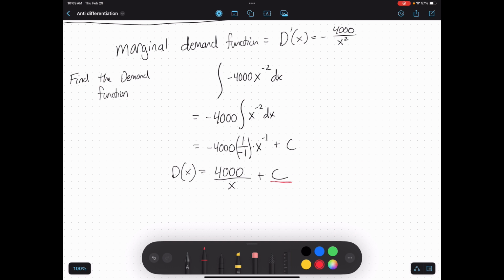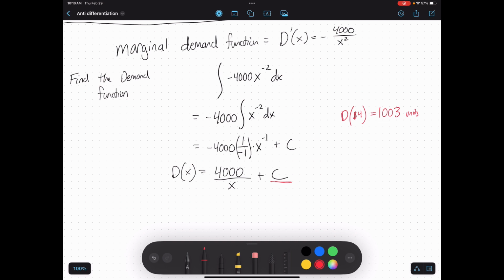So they tell you that the demand when the price is $4 is 1,003 units. So they have a data point for us.